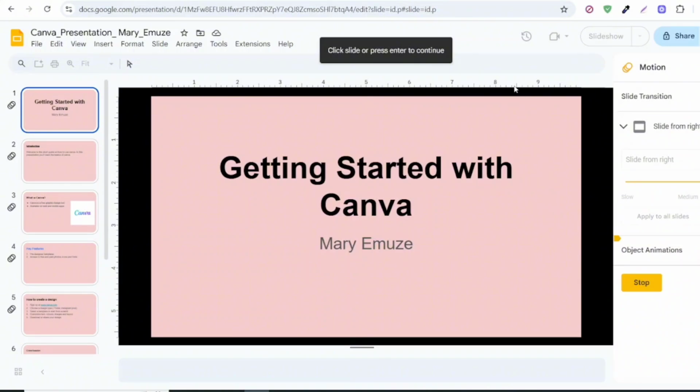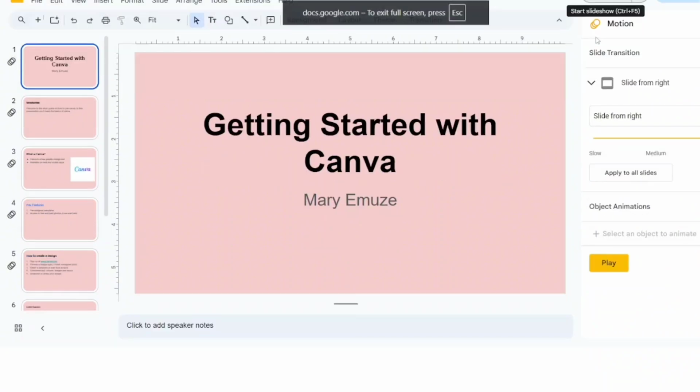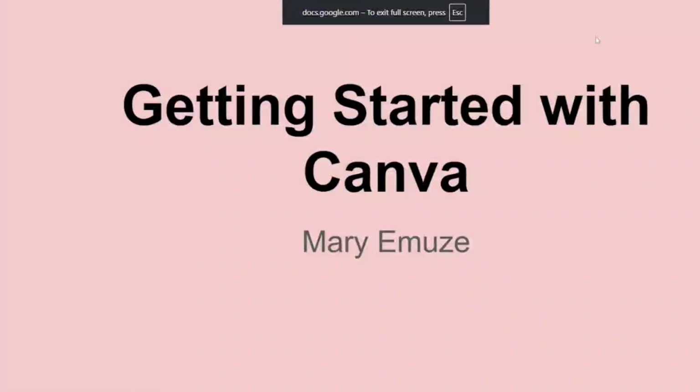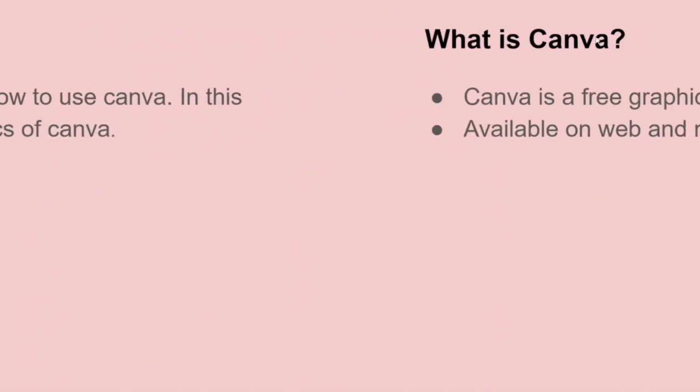The next thing you want to do now is to put a slide on slideshow. So how do we do that? So over here you can see slideshow. You click on that, and this is it. Click on enter so it goes to the next.